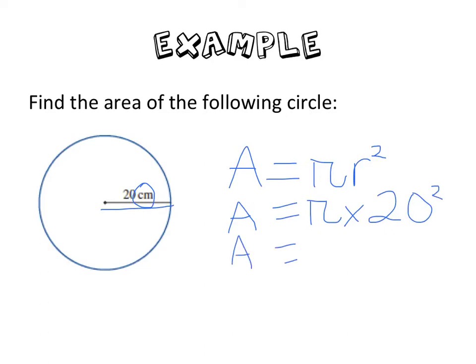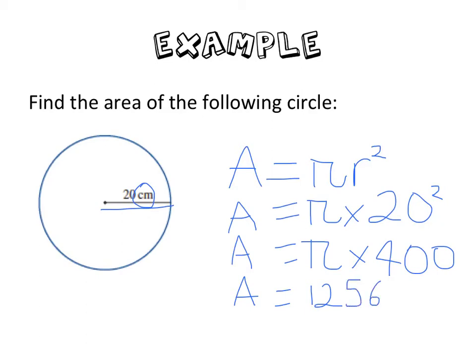That's the same as pi multiplied by 20 times 20, which is 400. And then I get an answer of 1256.64. A reminder, guys, if I have more than 2 decimal places, I round to the second decimal place unless I'm told otherwise.